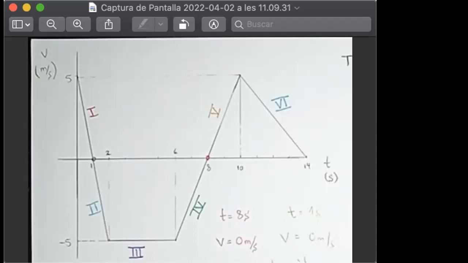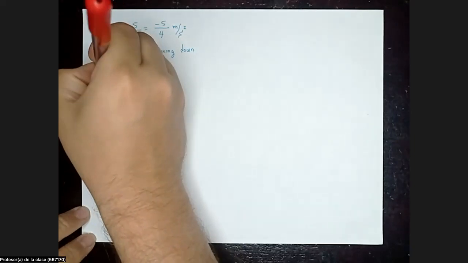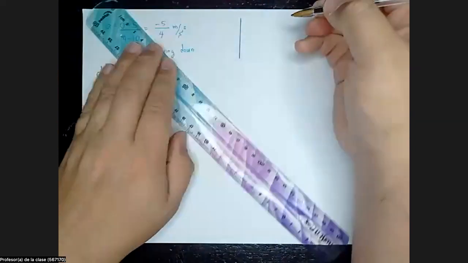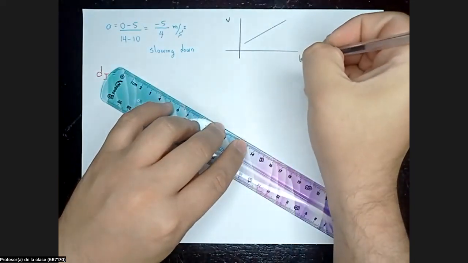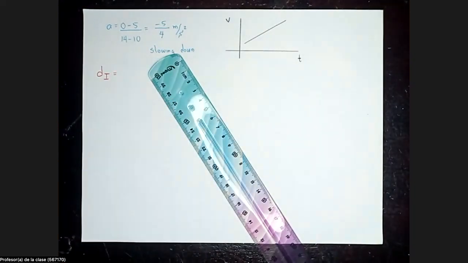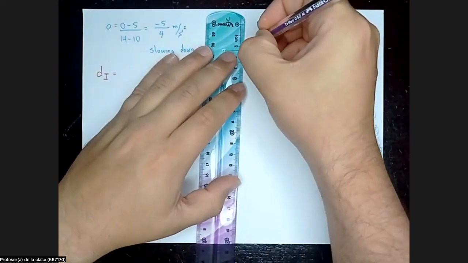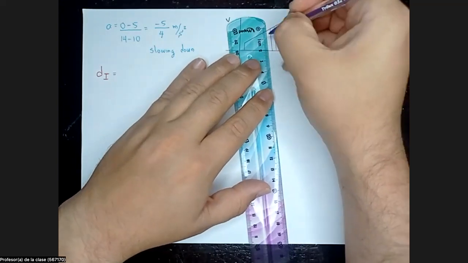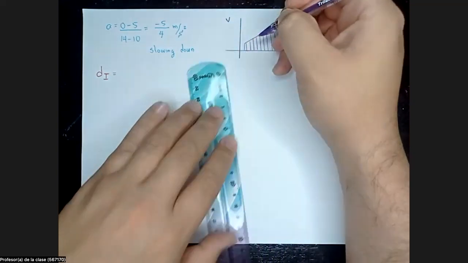Why? For example, if I want to calculate the distance on the first interval, remember that on a graph of velocity versus time, and this is important, velocity versus time, this entire area is going to be the distance that the object traveled.